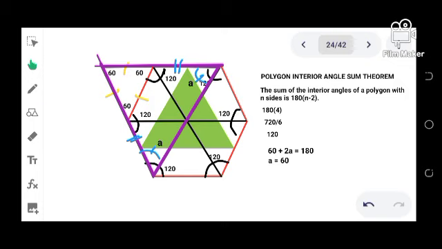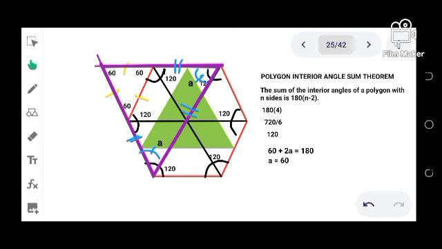So the measure of each angle here is 60. Now the triangle has three angles that measure 60 each. So this big triangle is also equiangular, and likewise it's equilateral. That's why this side here will be equal to the other two sides of the triangle.